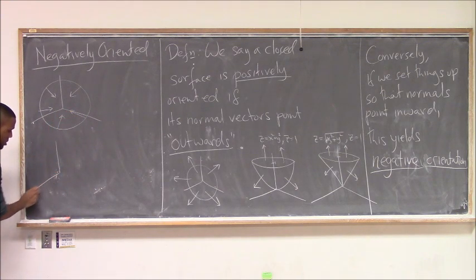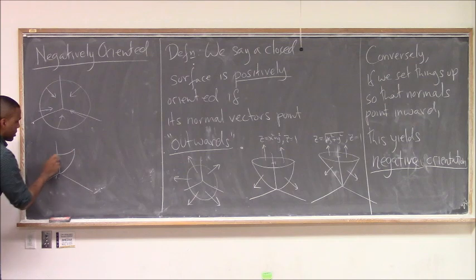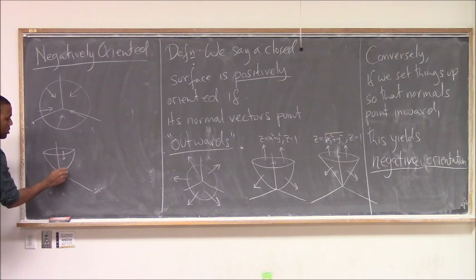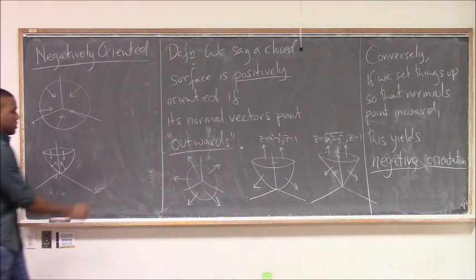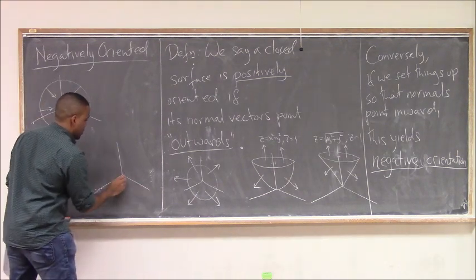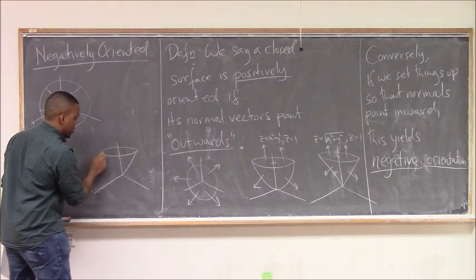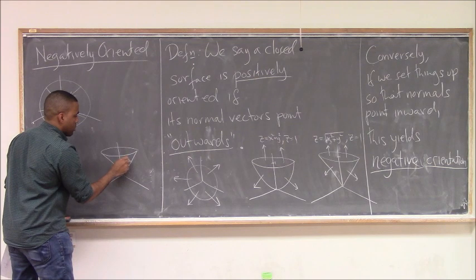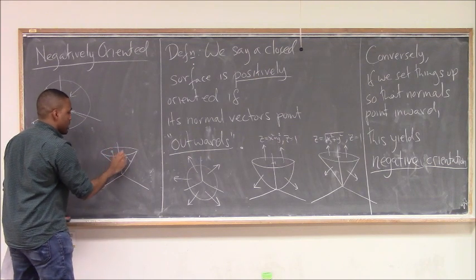If I have something like this, vectors on the top surface would point down, vectors on the bottom surface would point up, they would point inside the object. If I have a cone, vectors on this side will point up, vectors on the top would point inside the object.